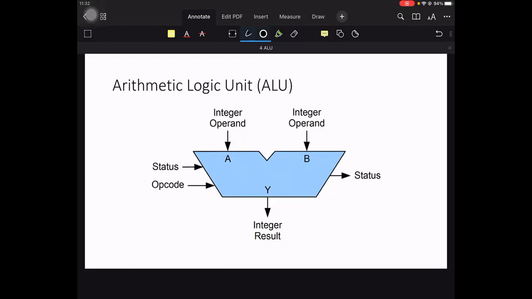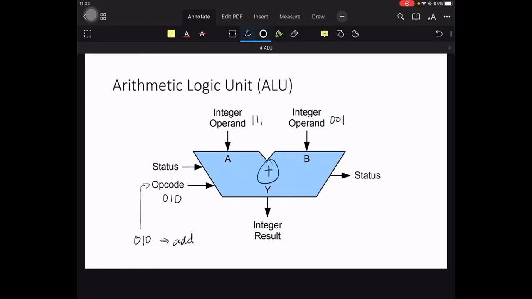So let's say for example, atong opcode is 010, and sa iyahang lookup table, 010 means or denotes addition. So if atong input sa A terminal is 111, then sa operand B is 001, and atong opcode is 010. So i-add lang na niya. No? So i-add na niya.